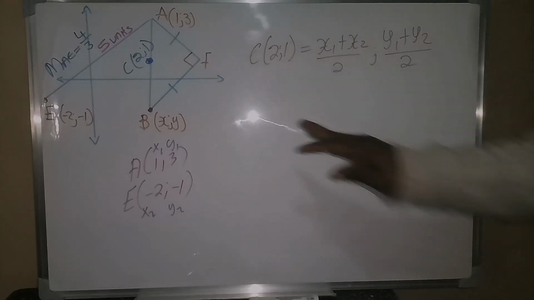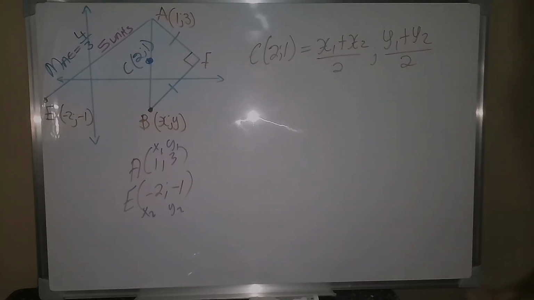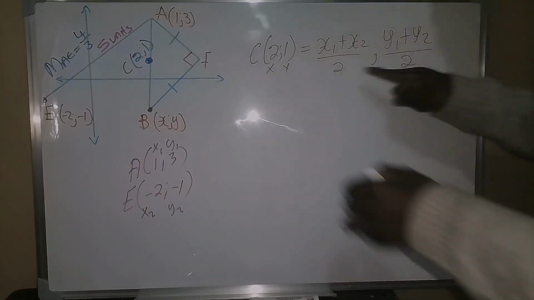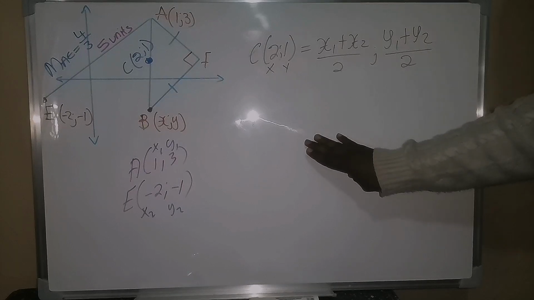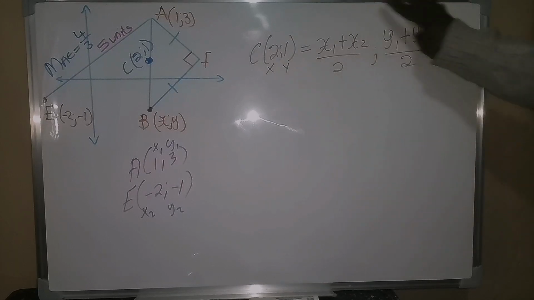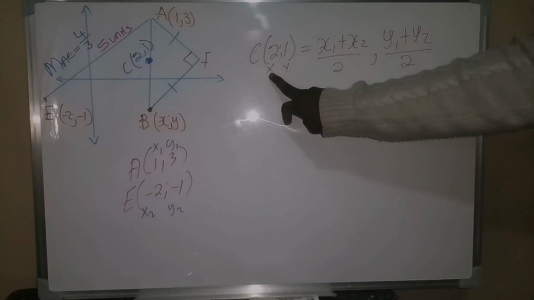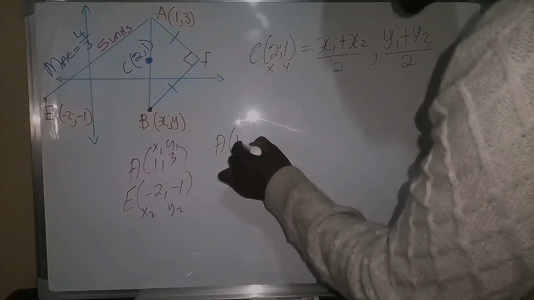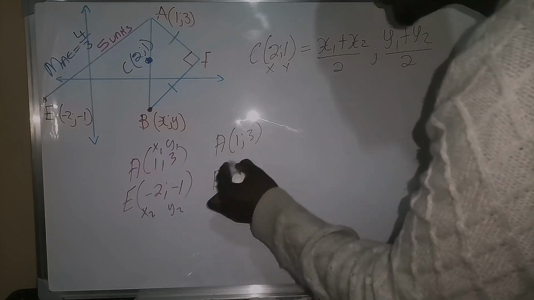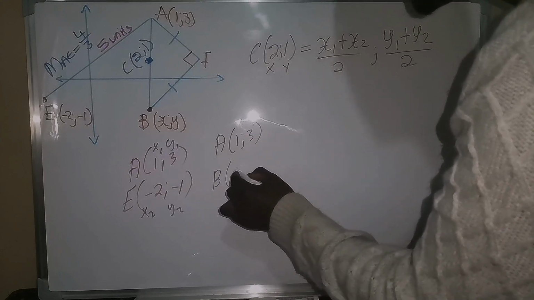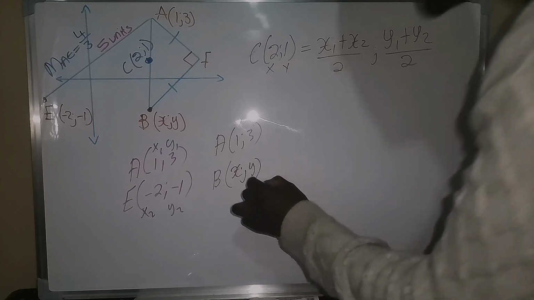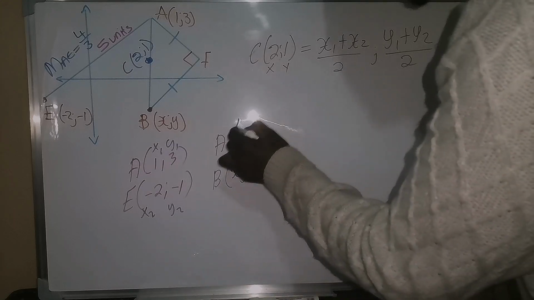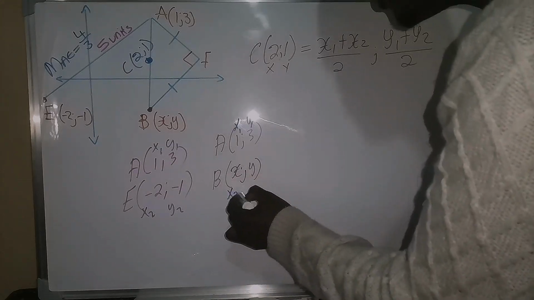Now, the coordinates of our midpoint are existing. You put them on the sides. This is our x coordinate, this is our y coordinate. The x coordinate belongs to the x side of the equation, and the y coordinate belongs to the y side. Here the coordinates are A (1, 3) and B (x, y). Let me label them: x1, y1, x2, y2.